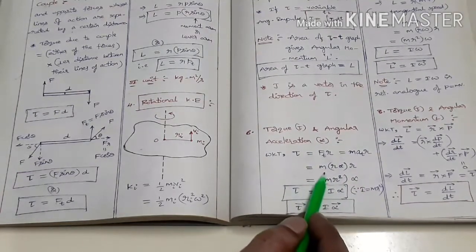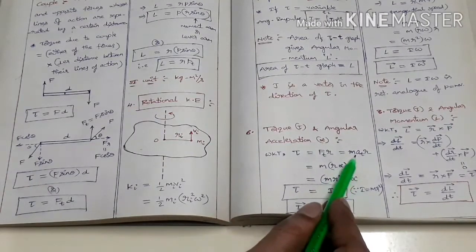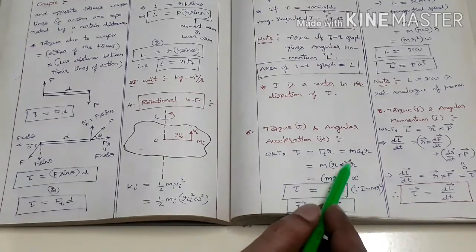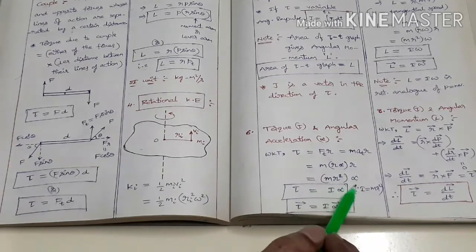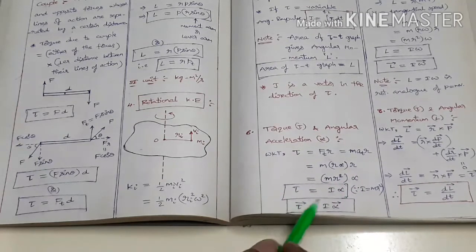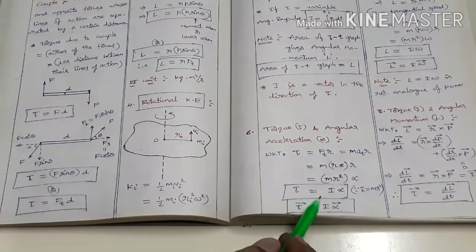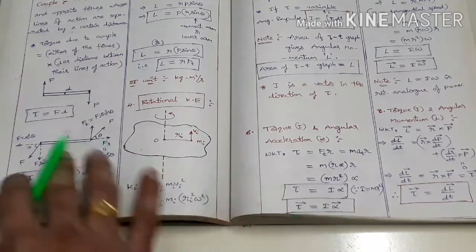So this is M into AT into R, where tangential acceleration AT equal to R alpha, as we learned in kinematics of circular motion. So M into R alpha into R equals M R square into alpha. What is M R square? Moment of inertia I. Therefore, torque tau equal to I alpha. In vector notation, tau bar equal to I alpha bar.